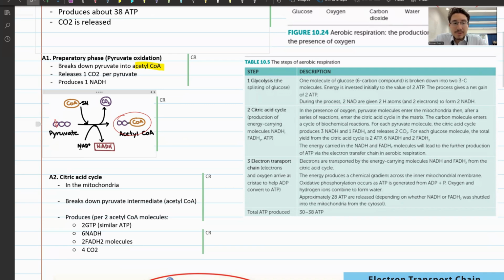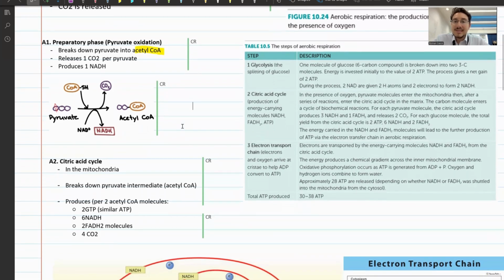So these little carriers come in, they accept an electron with some hydrogens, and they leave energized with electrons. A byproduct is that pyruvate loses a carbon in the form of carbon dioxide. The resulting form is a compound called acetyl-CoA. Now, acetyl-CoA can be used to get into the citric acid cycle, or the Krebs cycle.